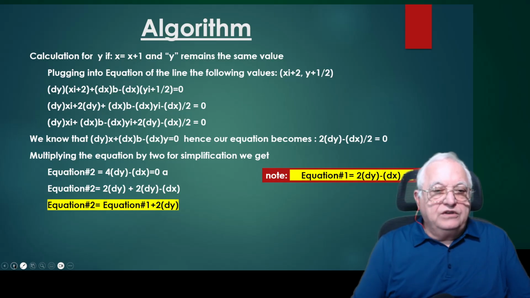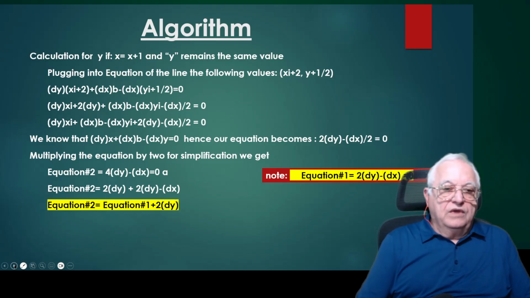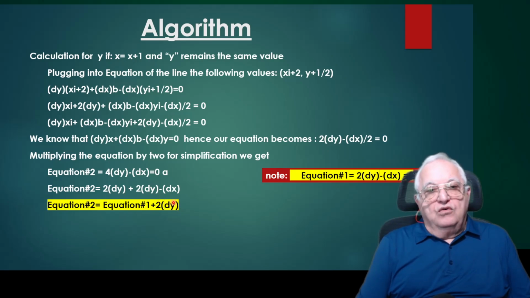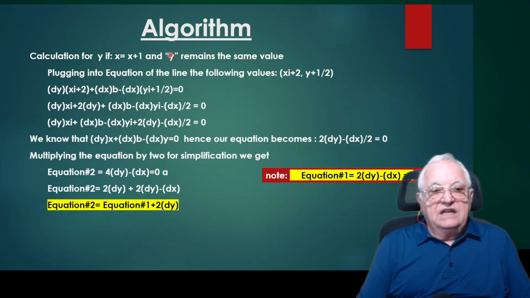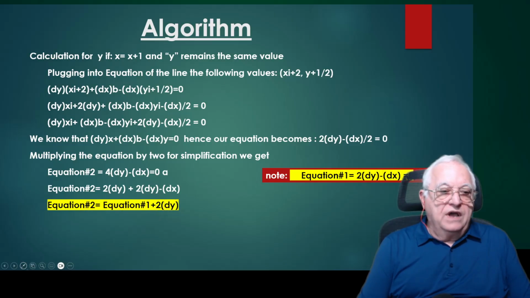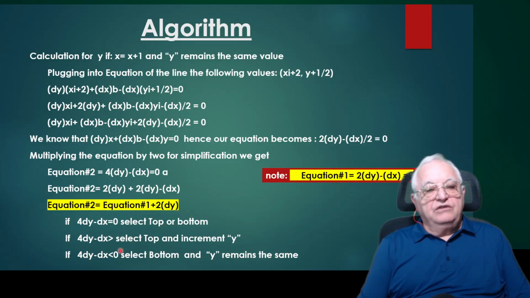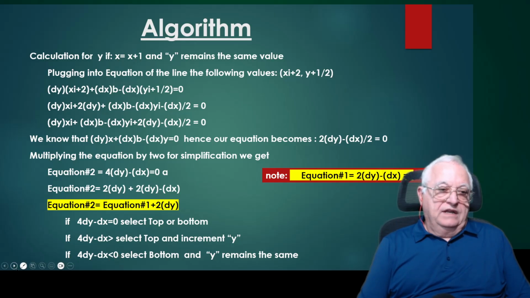So my equation 2 is going to be equal to equation 1 plus 2 dy. So if I have a case where y was not incremented, then the next evaluation I have to do is take my equation 1, which is this particular value, and add the 2 dy, and then evaluate that for 0, greater than 0, and less than 0 to determine which pixel I'm going to light up.